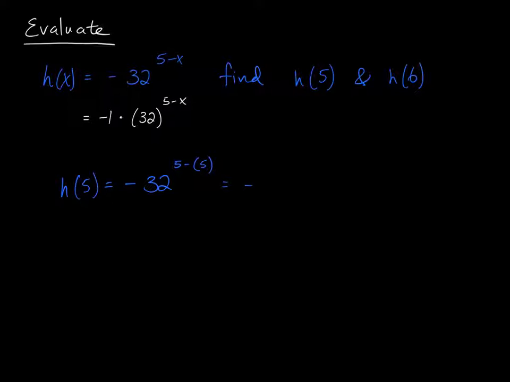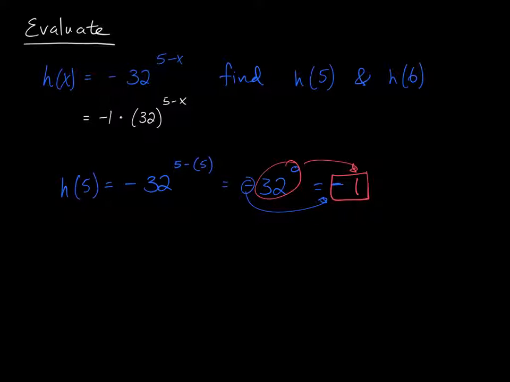And if you simplify that, you get -32 to the 0 power. And yes, 32 to the 0 power is in fact 1, but that 1 is being multiplied by -1. That negative still has to be there at the end. So this negative comes along for the ride. 32 to the 0 power is 1. So our answer here for h of 5 is -1.